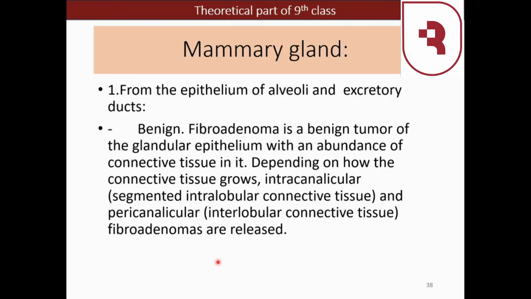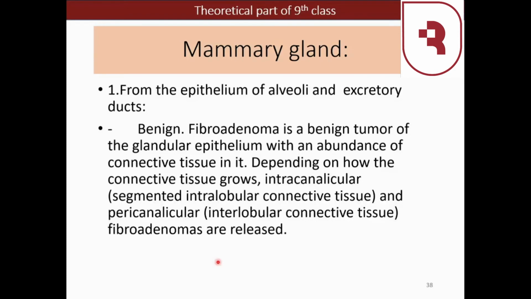In the mammary gland, we will see the epithelium of alveoli and excretory ducts. The benign form of tumors of mammary glands is fibroadenoma. It is a benign tumor of the glandular epithelium with proliferation of connective tissue in it. Depending on how the connective tissue grows, it may be intracanalicular, pericanalicular, and mixed.